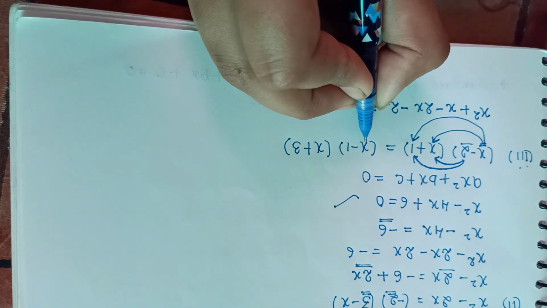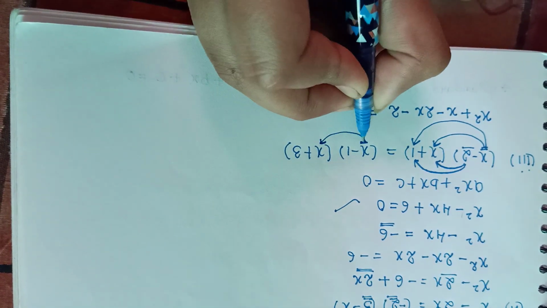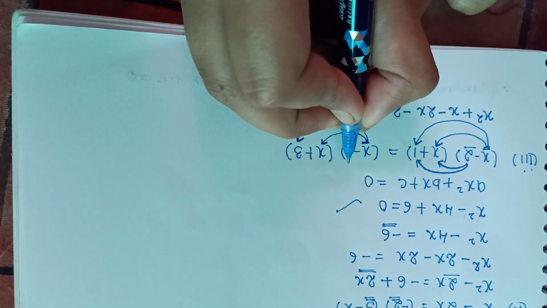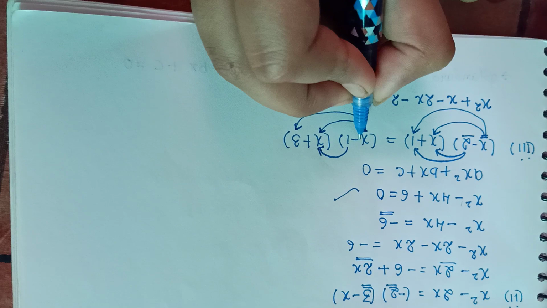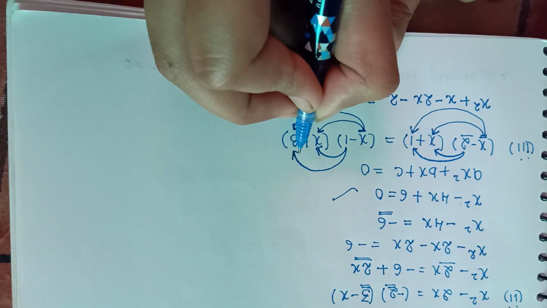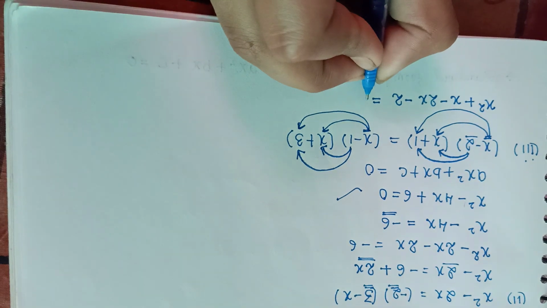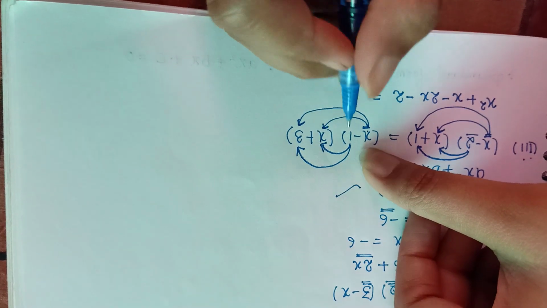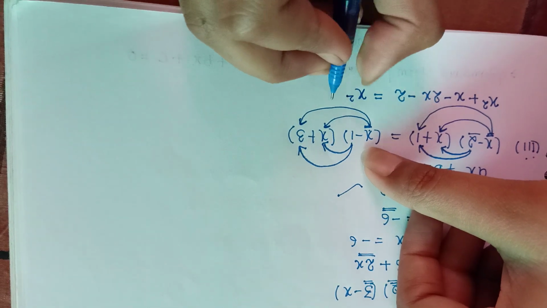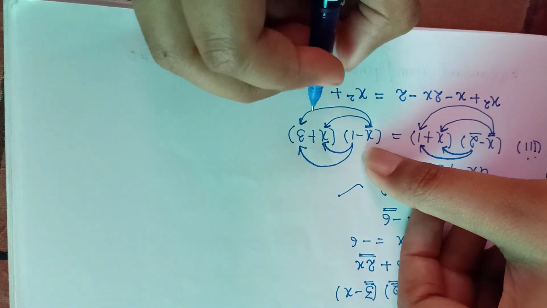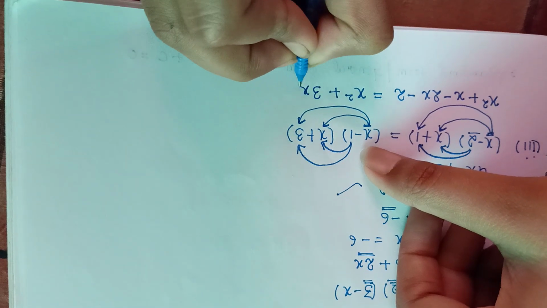Firstly, we are going to multiply this x by x and then we are going to multiply the same x by 3. Similarly, we are going to multiply minus 1 by x and then we are going to multiply the same 1 by 3. Then we will get x square plus x multiplied with 3 makes 3x.